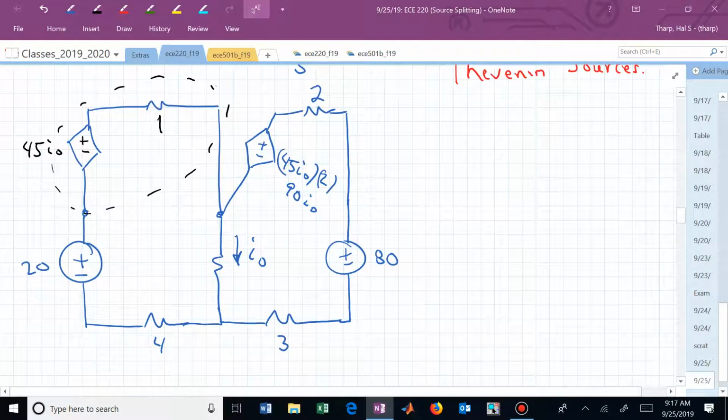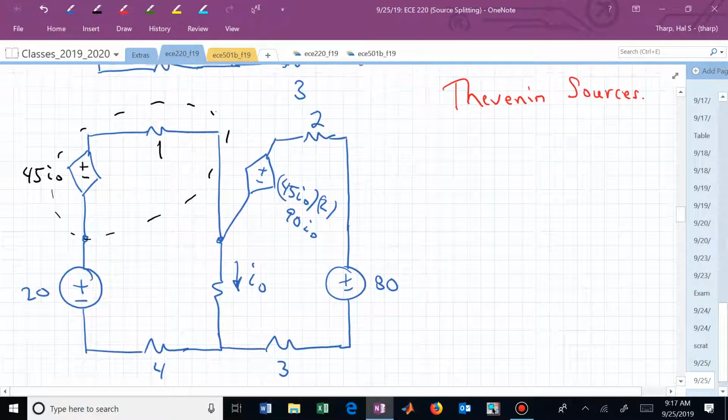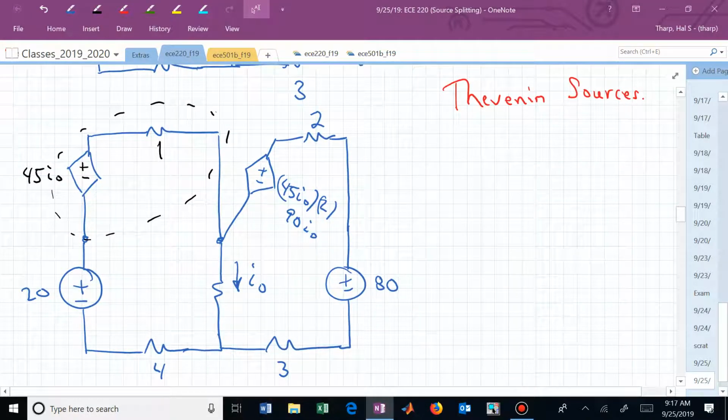If we redraw that just a little bit, let's now collapse some of those wires. Do you see now that I just have a mesh on the left and a mesh on the right? Two meshes with some independent sources and dependent sources.